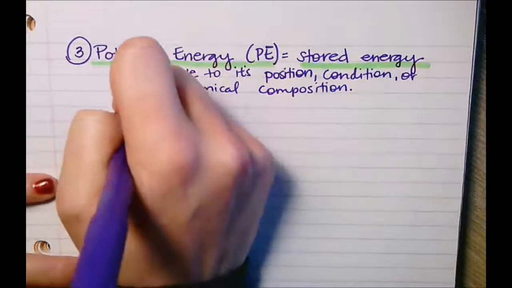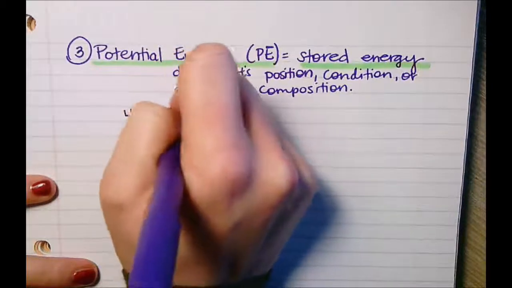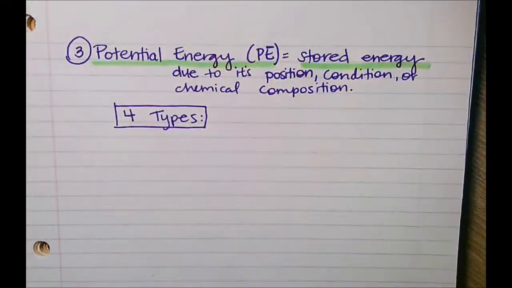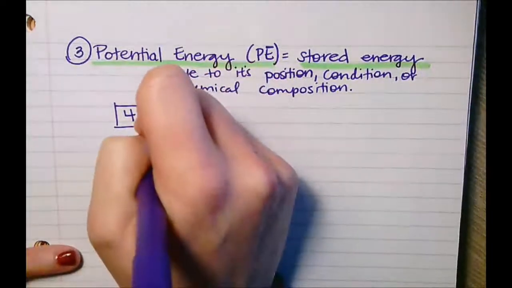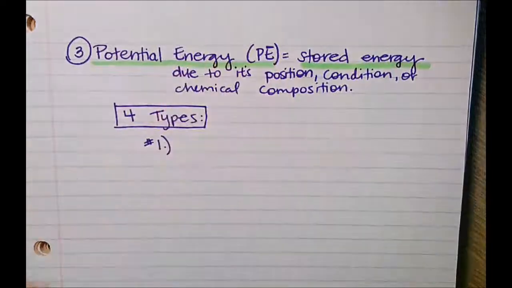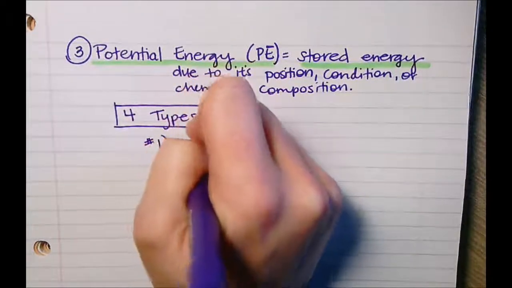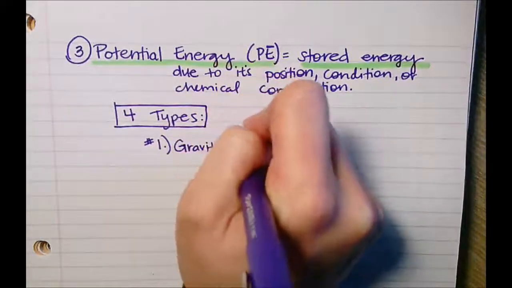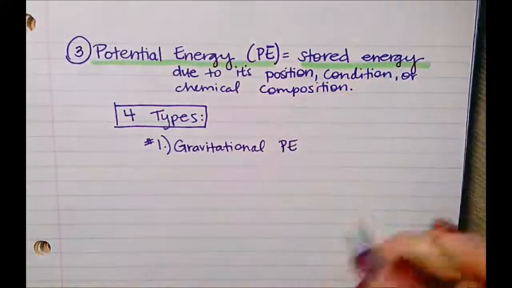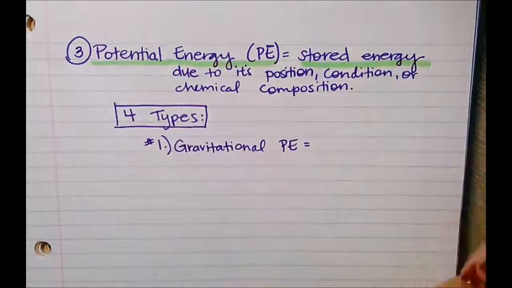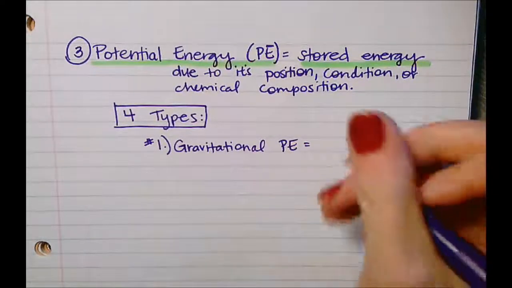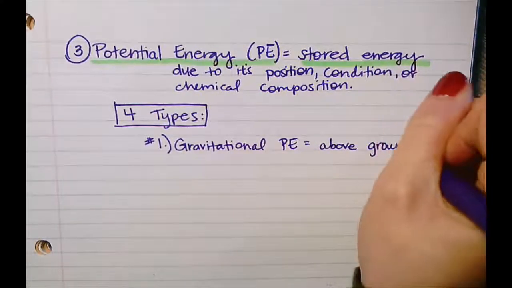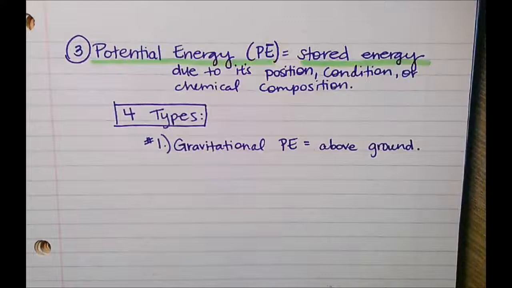So we're going to go over the 4 types. There are 4 types of potential energy, and we're just going to go through them pretty quickly. The number 1 that most people think of is gravitational potential energy. What that means is it's based on how far above the ground you are. I'm going to simplify this a little, but it's just how far above the ground.